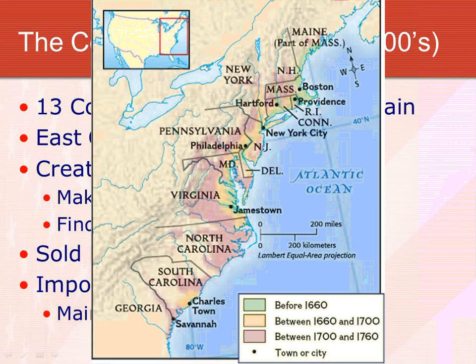The green areas are where it was settled by England early on, right next to the coast, and eventually it grew out, and then by 1760, about 15 years before the Revolutionary War, you get the pink. That's where people were settling. So the original colonists, 13 colonies owned by Great Britain on the East Coast.